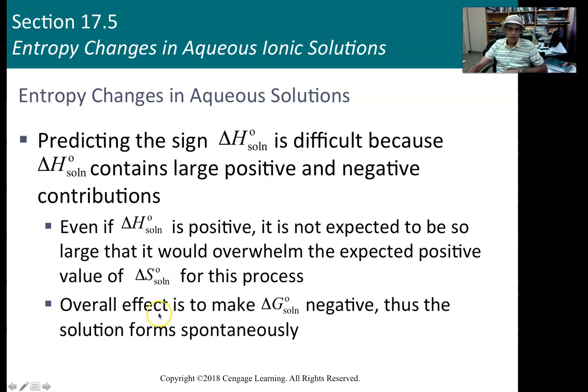Overall, the effect is to make delta G naught negative, thus the solution forms spontaneously. So in other words, the use of delta G is really critical, because in that way it captures the counterbalancing of these two terms in the overall equation.